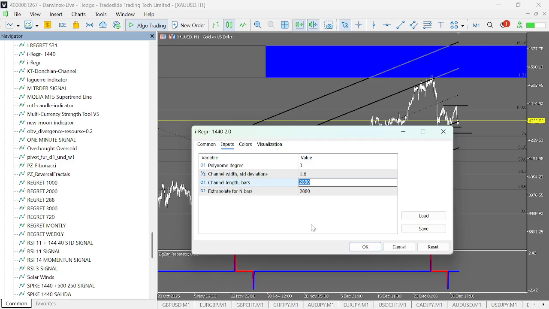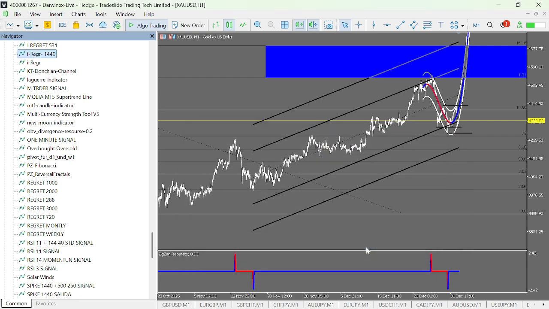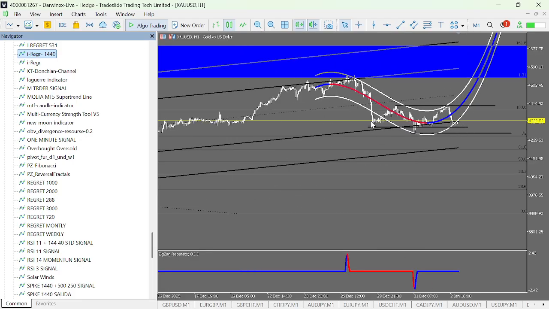And that makes the channel very close to the candles. You're going to see it right now. And it's pretty cool to determine support and resistance. And it gives you a projection that if everything remains the same, this should be the direction. Can you see it? This is confirming everything else that I'm looking at.